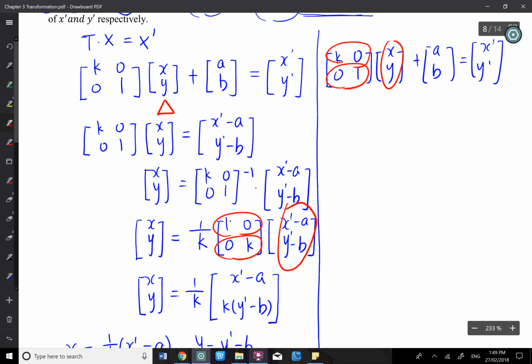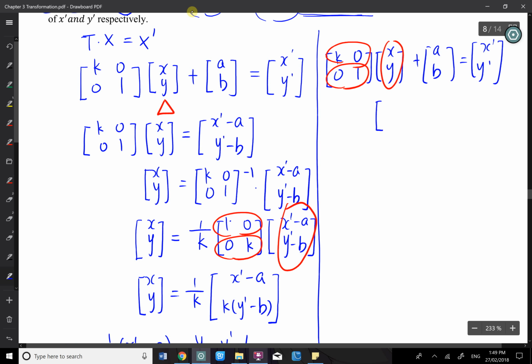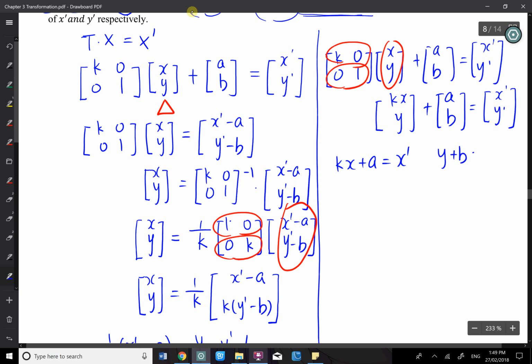So what I will have here is kx and y, plus a, b, equals x dash, y dash. So what I will have is kx plus a equals x dash, y plus b equals y dash.